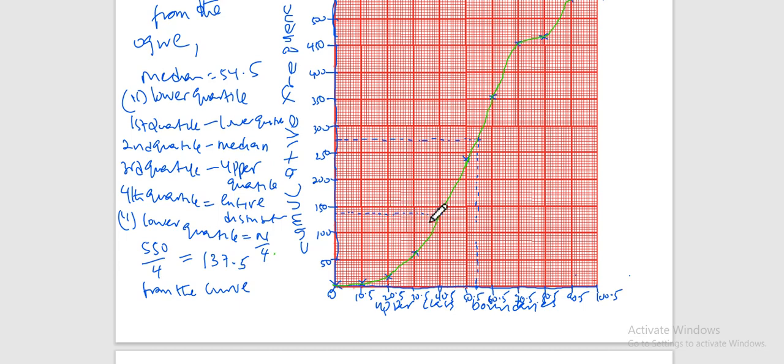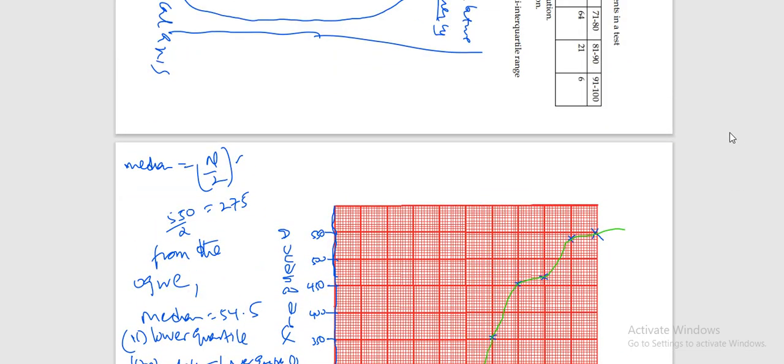That's this point here, which is 40.5 from the curve. Lower quartile is equal to 40.5.